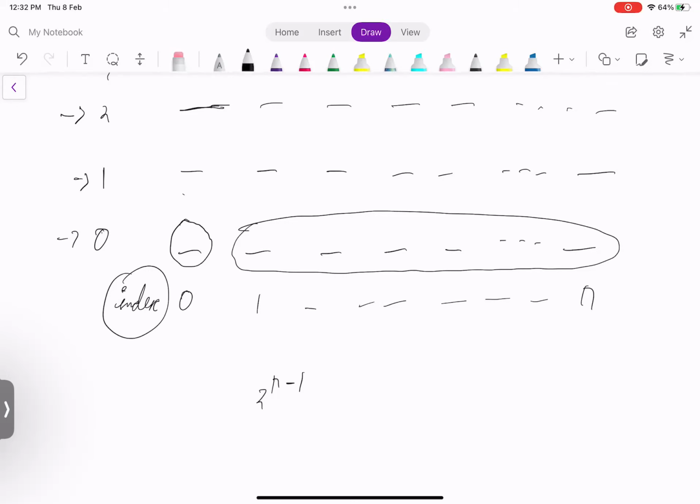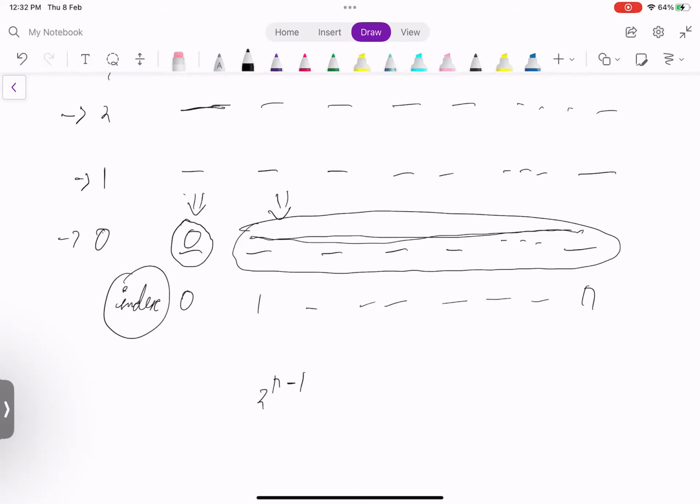Now, after filling this, in this bit we'll only have one choice. Why? Because let's say we filled this whole configuration with some zeros and ones pattern in 2 power n minus 1 ways. After filling that, in case the number of ones is even here, then we should forcefully put a zero only. If we put one, the number of ones will become odd.